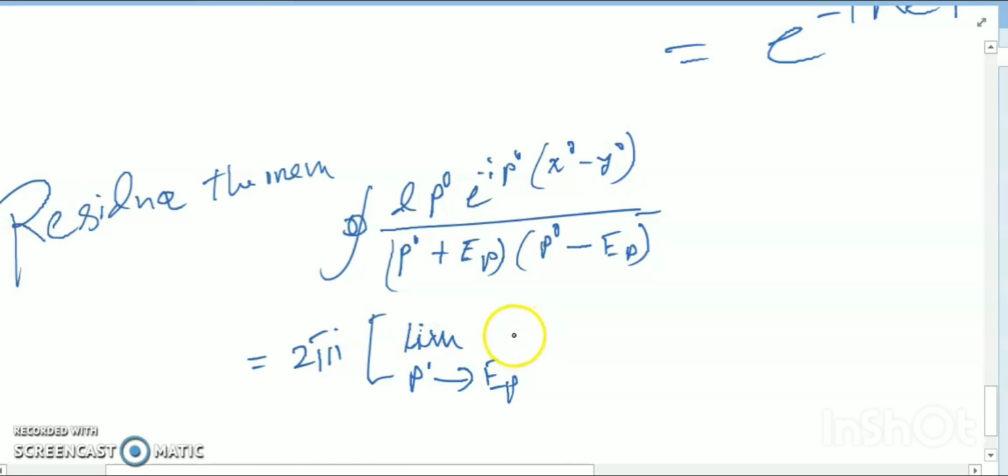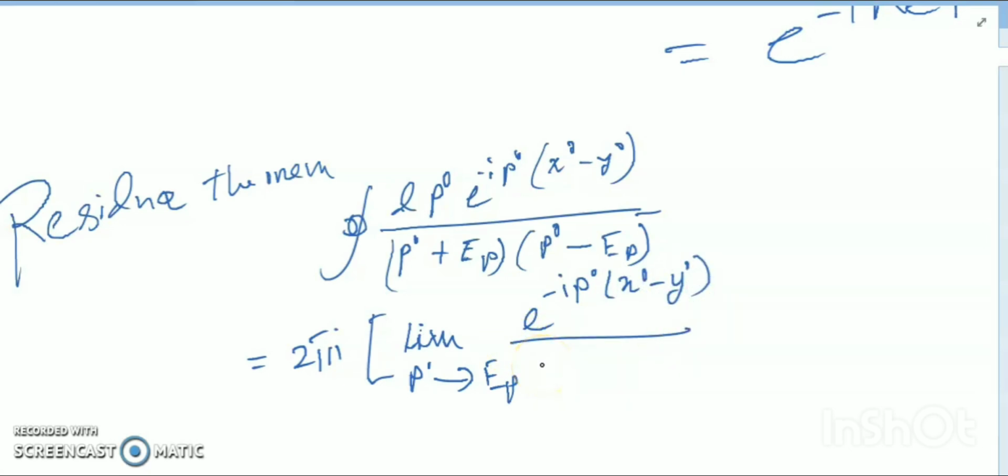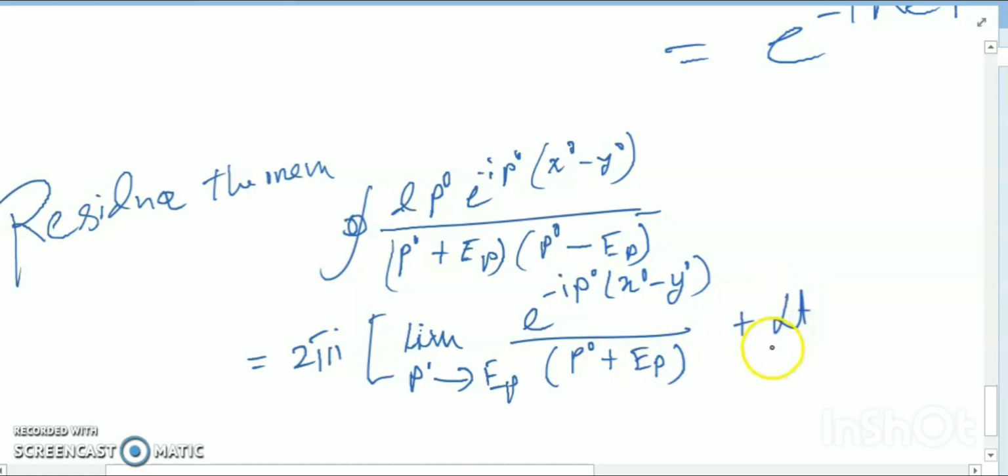Whatever we get here, I know my channel viewers are very smart in complex analysis, so I don't need to go through it. So we get p0 plus εp, by the complex residue theorem, plus the limit p0 tends to εp of (p0 − εp).